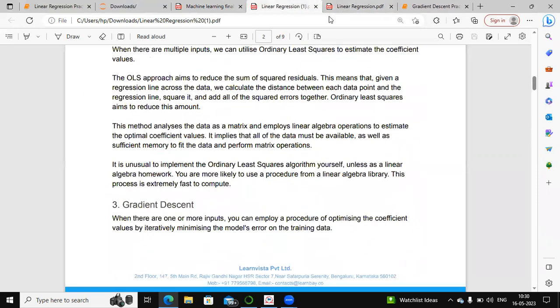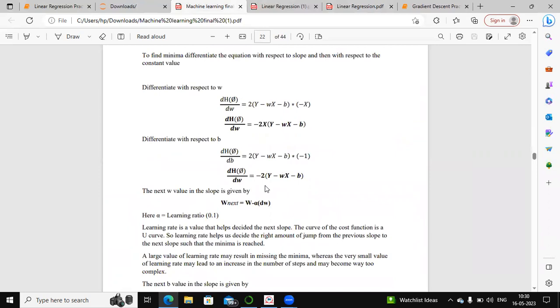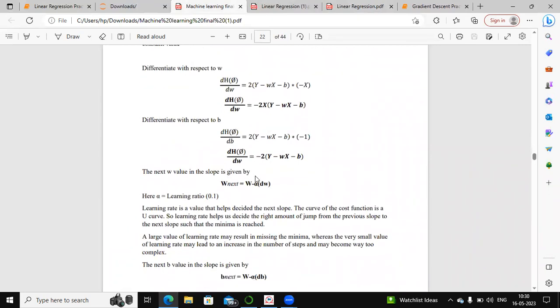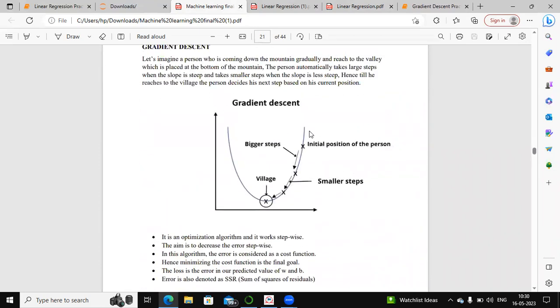Now the next w value of the slope is given by w next is w minus alpha dw. Here is the slope, and you can see the slope is changing from its initial position.